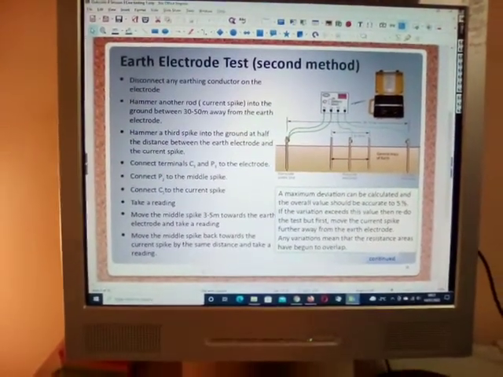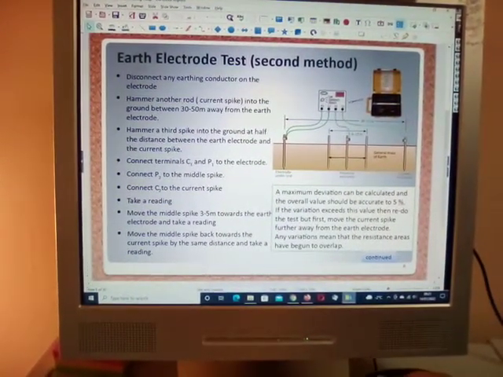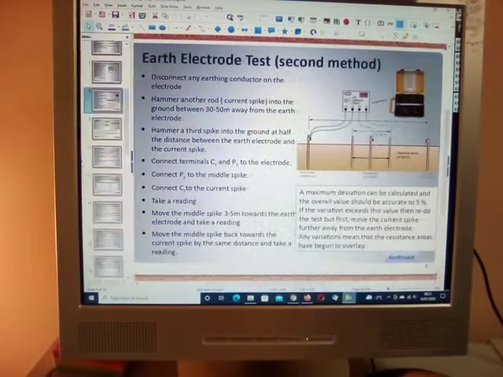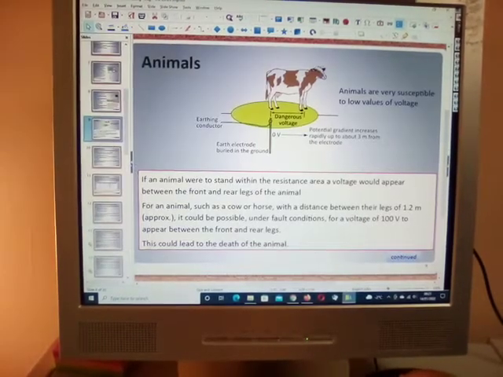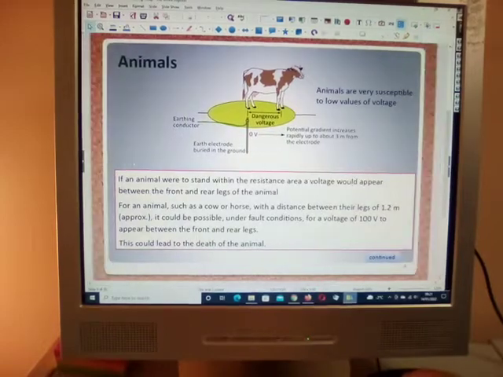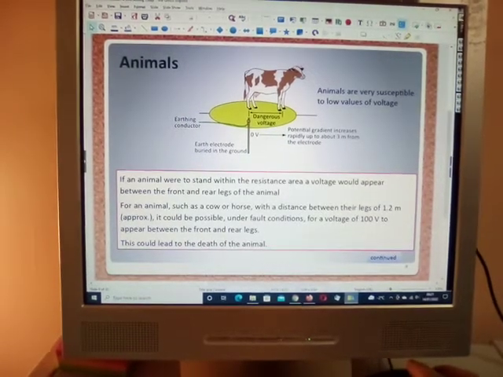Make sure you get it all in carefully in view. Okay. Animals.